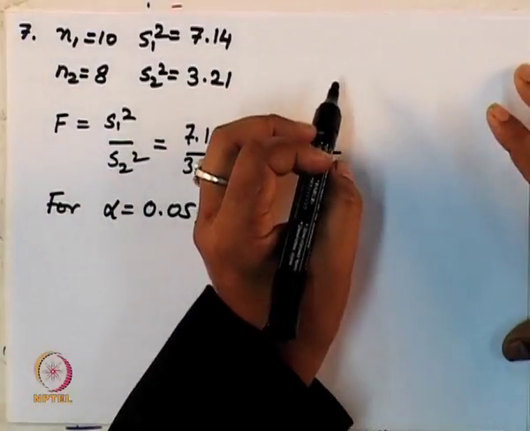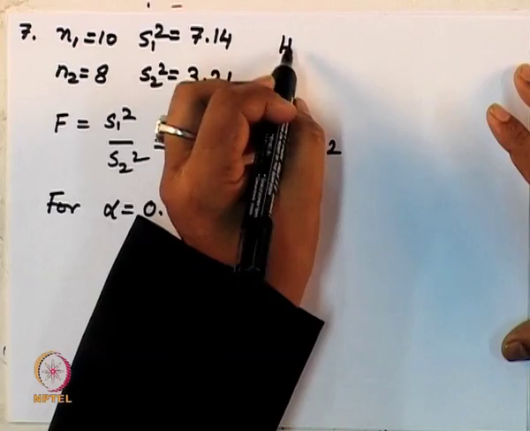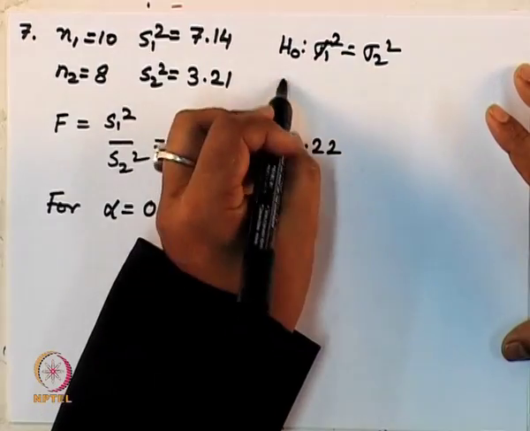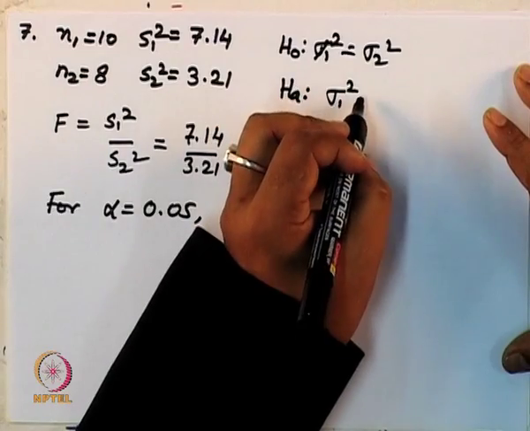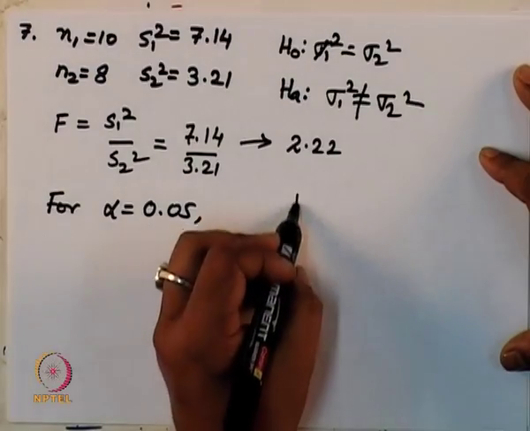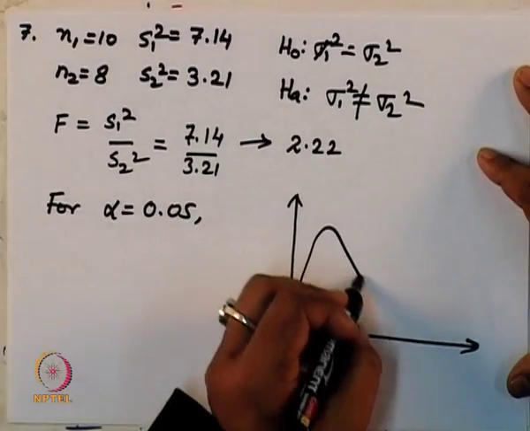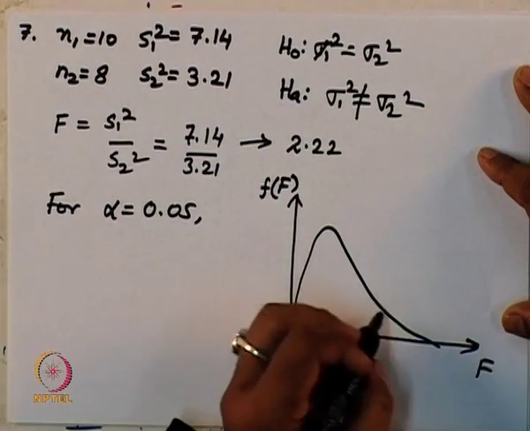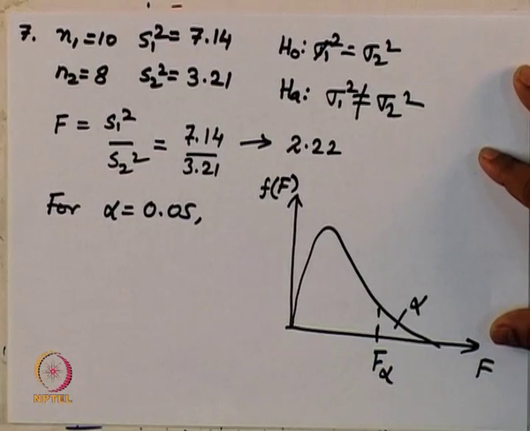Now for significance level alpha equal to 0.05, if my hypothesis, my H naught is sigma 1 square equal to sigma 2 square, and H a is sigma 1 square not equal to sigma 2 square, then what I have to do, for this curve, F, I find out alpha and the corresponding value of F of alpha.